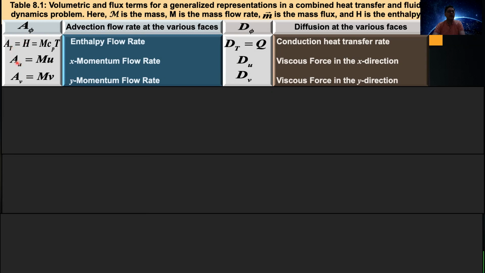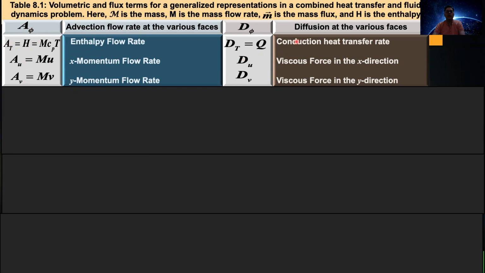With the change in the subscript, there is a general variable which is used as phi. So A phi is the advection flow rate. When this phi is T, it becomes enthalpy flow rate. When this phi is U, it becomes x momentum flow rate. When this phi is V, it becomes y momentum flow rate.